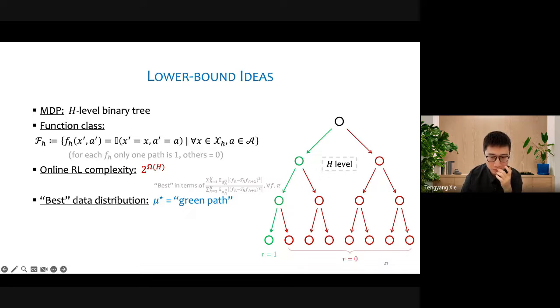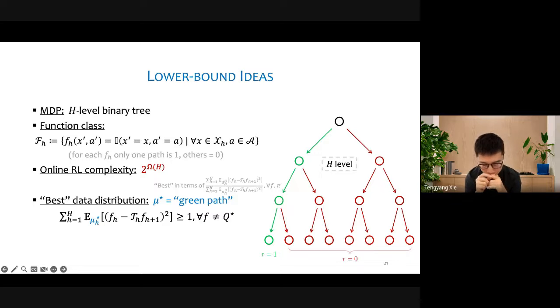However, if you consider this pi star as the best data distribution in terms of bounding this term, we can show that for any function that is not Q star, this squared Bellman error over mu star will be at least 1. The rough reason is here. For any f that is not equal to Q star, there must be one path in this green path that has the value of 0.